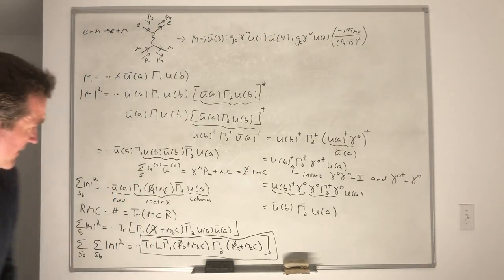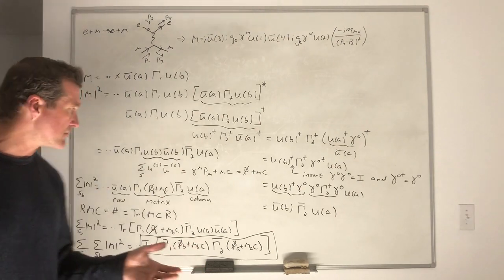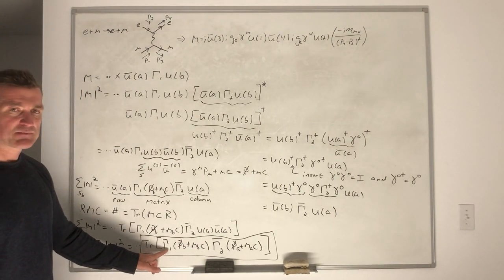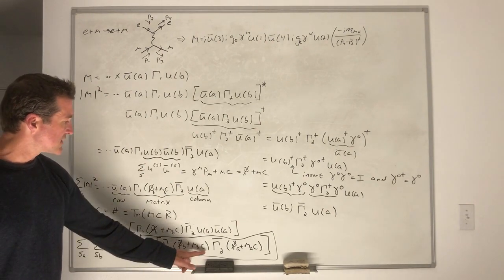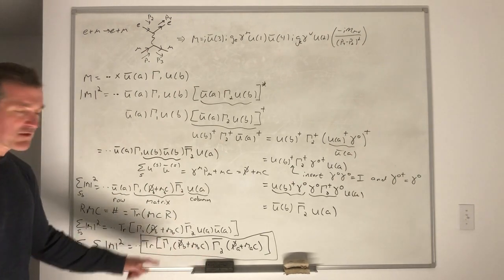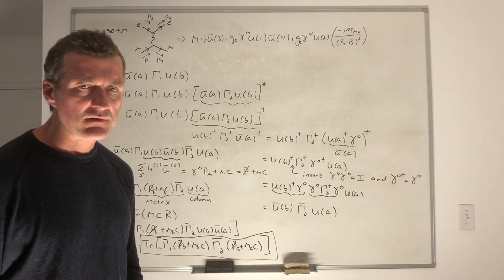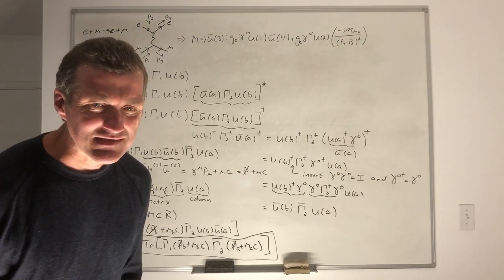So just to give you a hint, because we'll go through it next time, this is the trace of a matrix in spin space times this thing, which is not in spin space at all, times a matrix in spin space. What do you think those matrices in spin space are going to be composed of? Where are we going to get matrices in spin space?